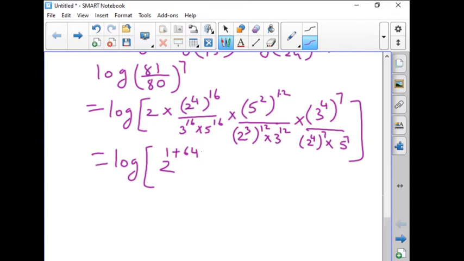So, when you bring to the numerator it is minus 36. Then 2 power 4 power 7, 2 power 28. So, when you bring to the numerator it is minus 28.